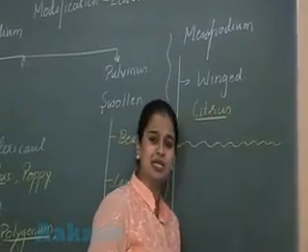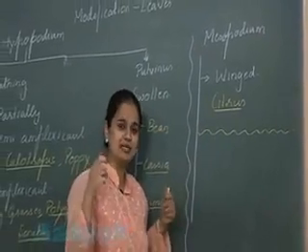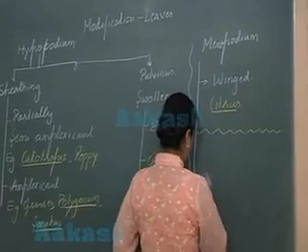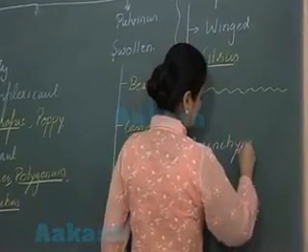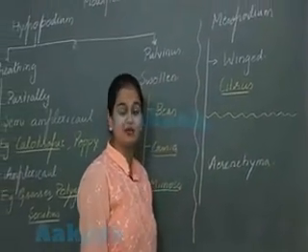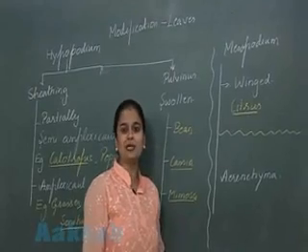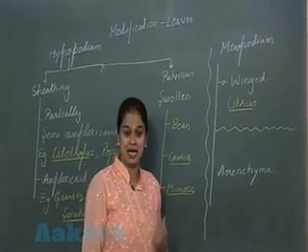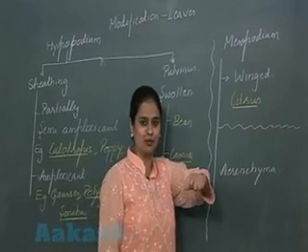Now in some cases, the petiole accumulates abundant parenchyma. You might know that this is a type of parenchyma which has abundant air spaces. Due to the presence of air spaces, the petiole becomes lighter and it helps in the floating of water plants.